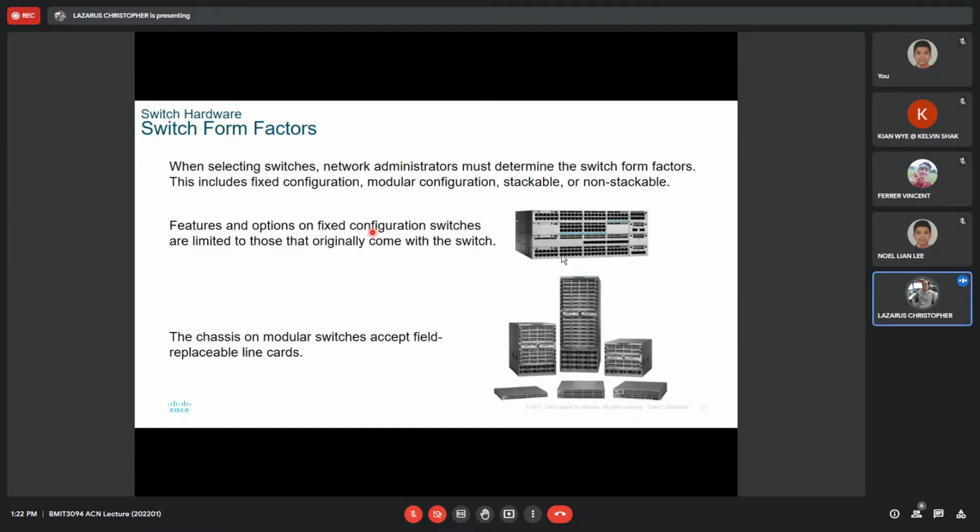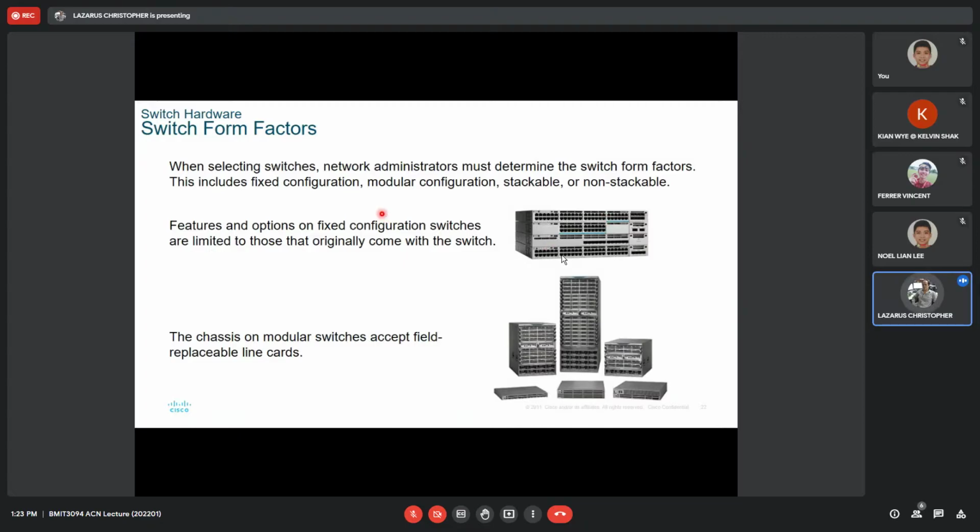Usually they are cheaper, right? And if you know that you're not going to scale up that quickly, that means increase the number of devices or hosts connected to your switch, then you might balance between affordability and scalability, right?